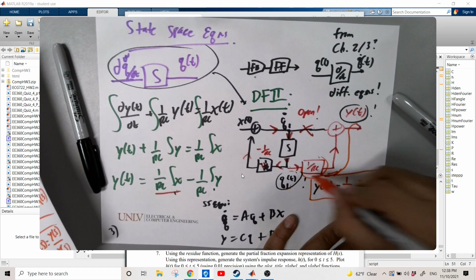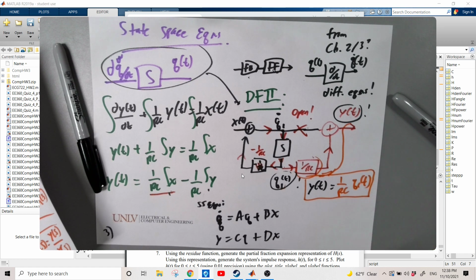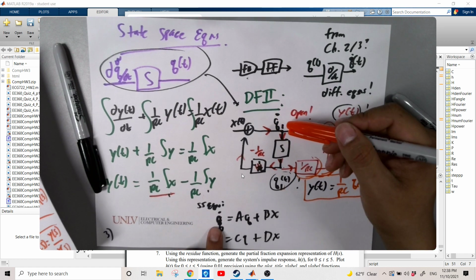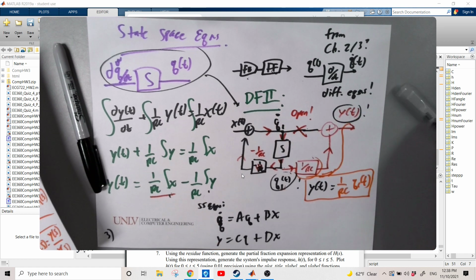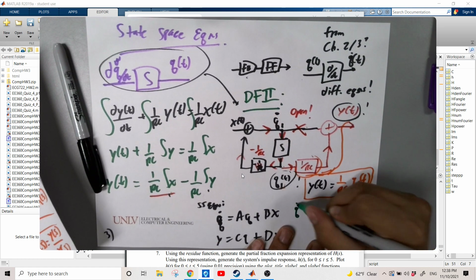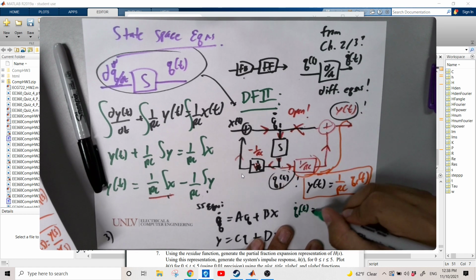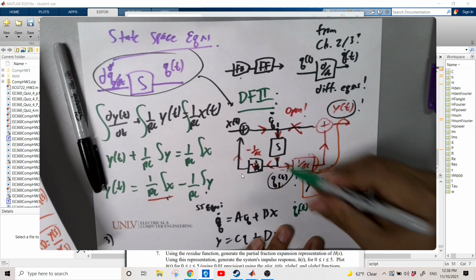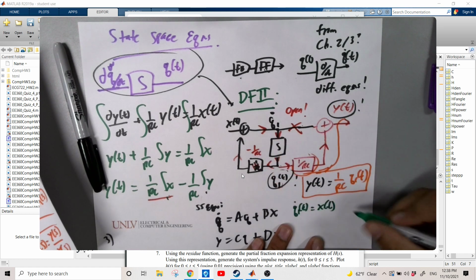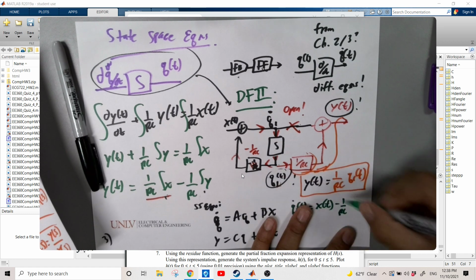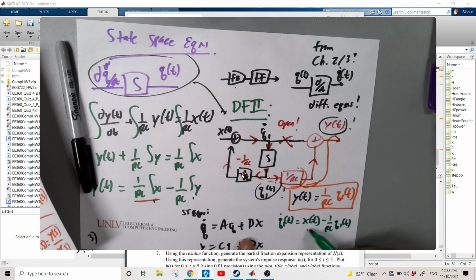There you go, you're done. That's it. Now let's analyze this, because now we got to solve for this and this. What is Q1 dot of t? It's equal to whatever is at the input minus 1 over RC of Q1. And is that it? Current inputs, current states?